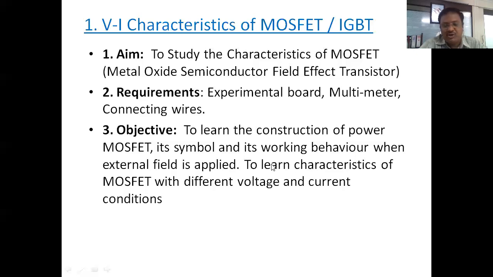This behavior is shown in a graphical manner, which is called characteristics. Characteristics help us use the device at defined or predefined values. Whatever the different conditions, we can identify the behavior of the device with the help of its characteristics. So characteristics are basically a pictorial representation of the behavior of the device under different conditions when it is applied.